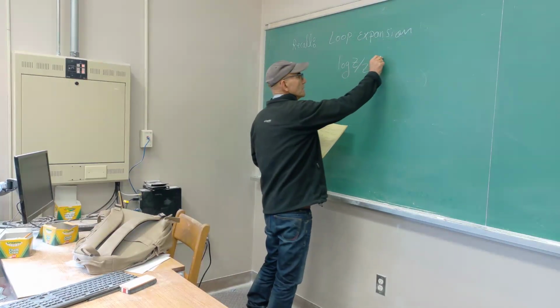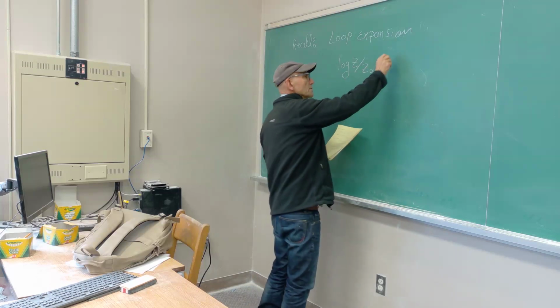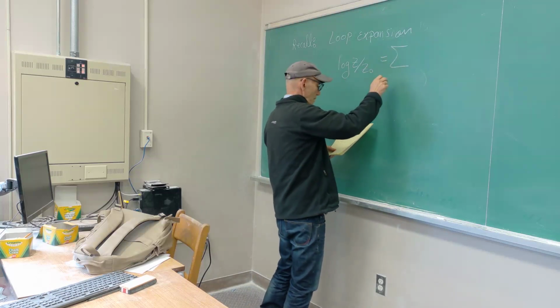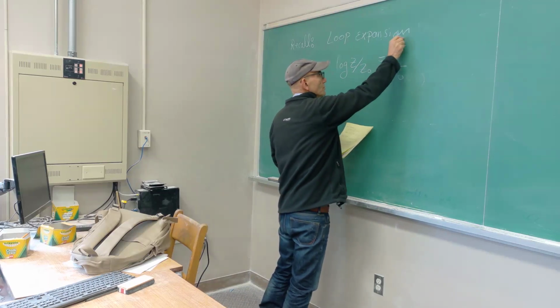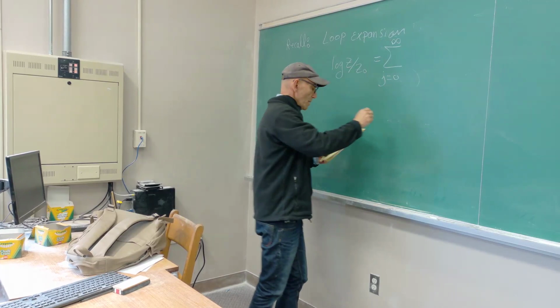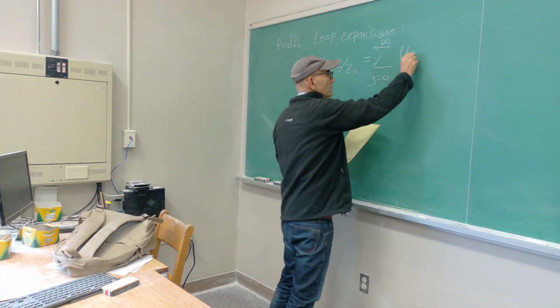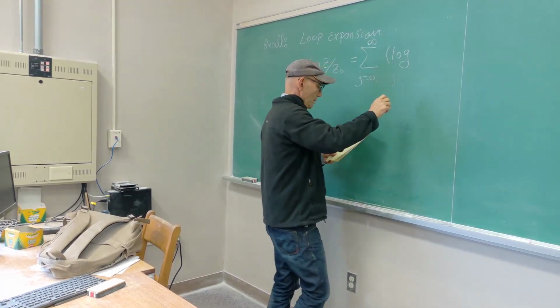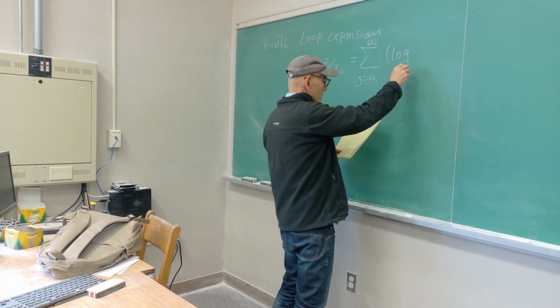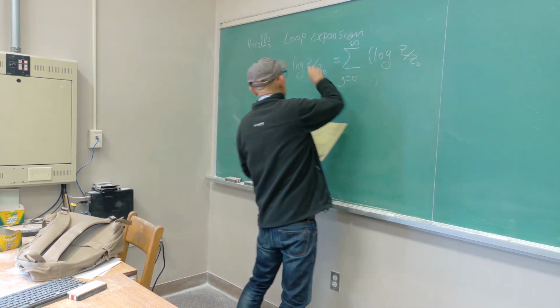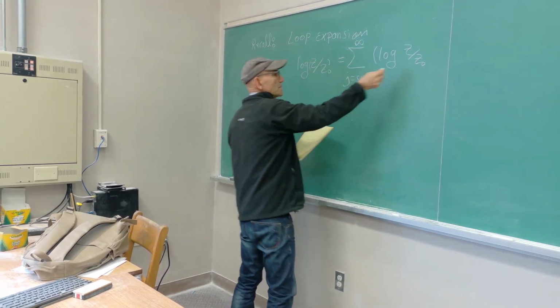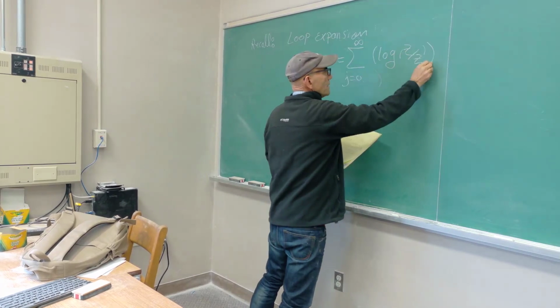Then we saw that we can write it as a sum over loops from no loops to infinity of log Z over Z0.